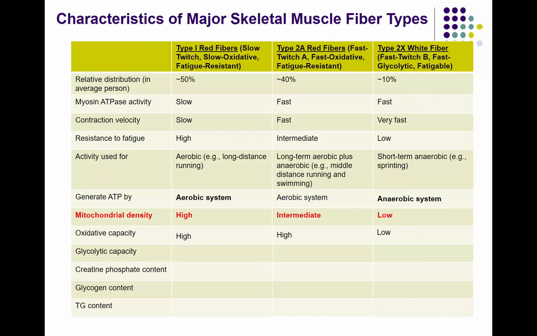Okay, now what about the glycolytic capacity? What do you think, should type 1 fibers have higher or lower glycolytic activities? Glycolytic activity means that the glucose being metabolized through glycolysis will only stop at lactate, right?